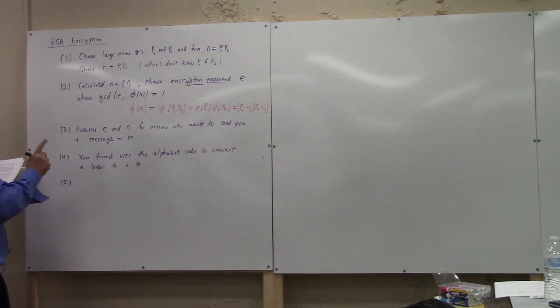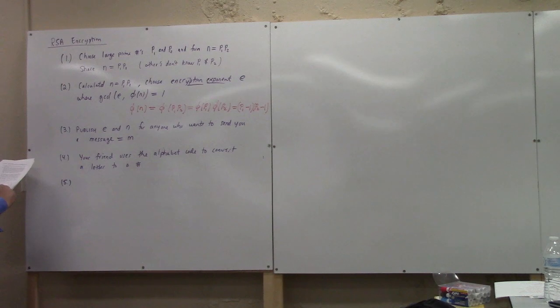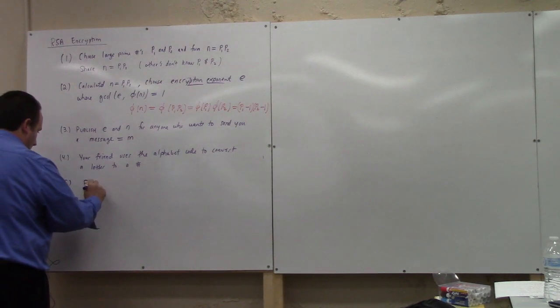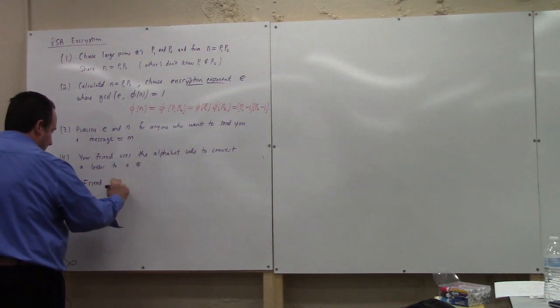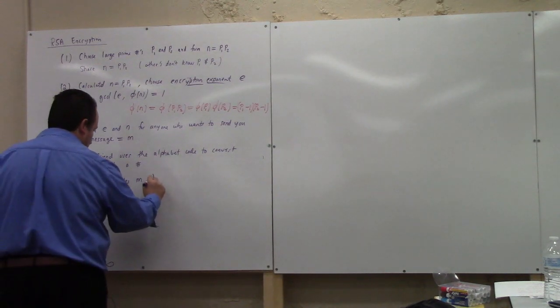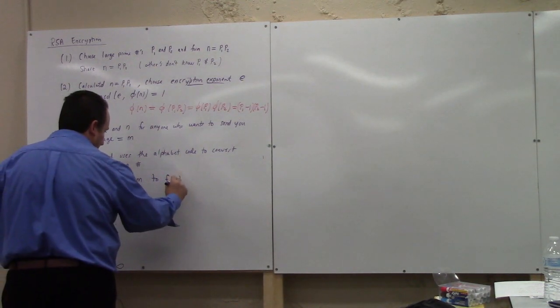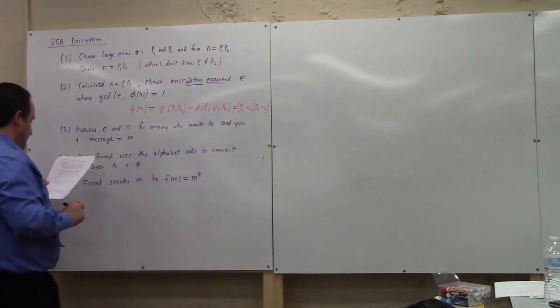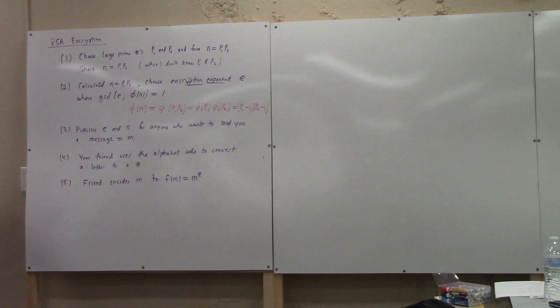5. All right. Your friend takes the N and the E which you published, and they run their message through the encryption map. Your friend encodes message M to f of M, which is simply equal to M to the encryption exponent, mod n.